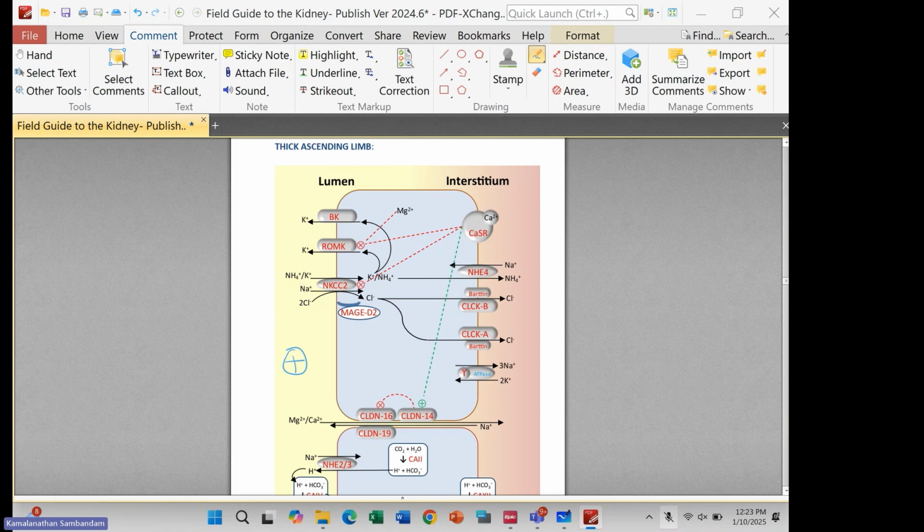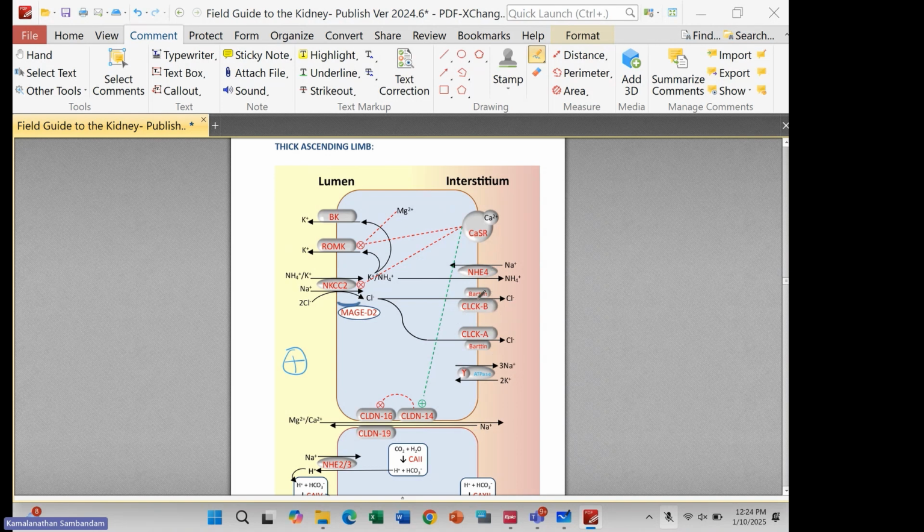Okay? But if I have defects in any one of these transporters, NKCC2, ROMK, the Barttin subunit of this channel, which includes Barttin and these chloride channel subunits, CLC-KA and CLC-KB.